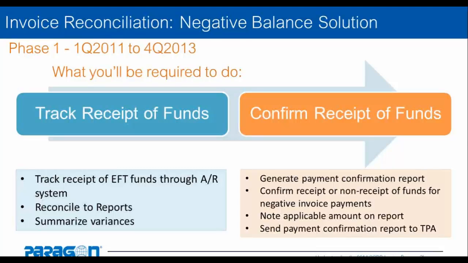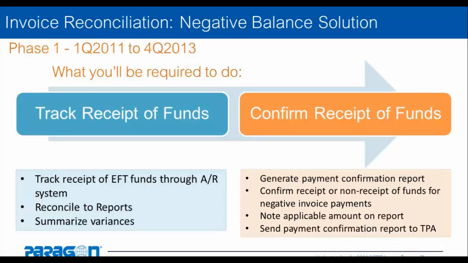It's important to note again from that statement that you will be required to confirm if you did or did not receive funds for the negative invoice payments. The TPA has provided specific instruction on how funds received or not received should be confirmed. So let me go into a little detail on that. If the expected funds or any funds are received per the reports, the confirmation report should note that applicable dollar amount.